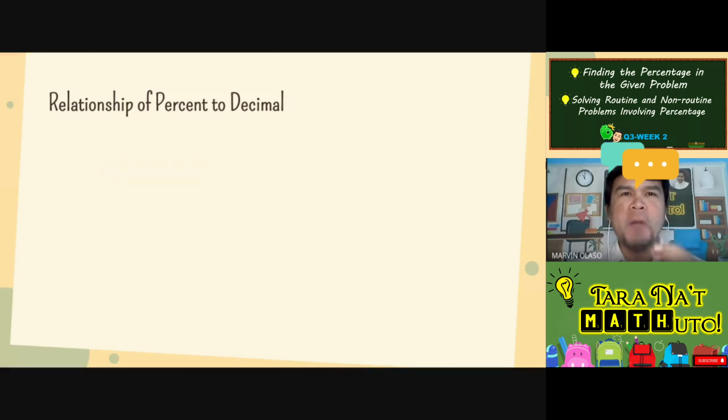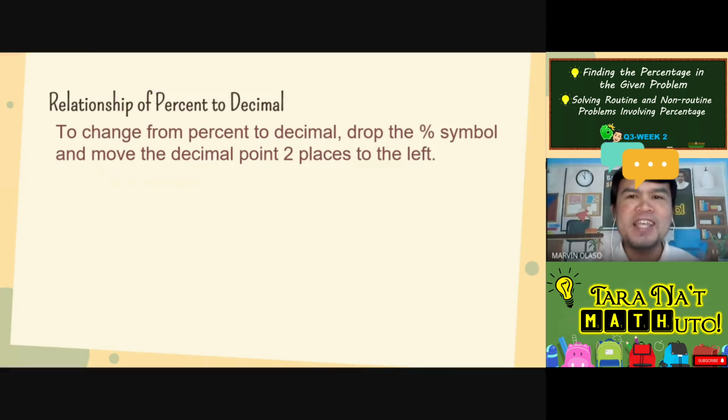To change from percent to decimal, drop the percent symbol and move the decimal point 2 places to the left. That's why 60% is equal to 0.60 or 60 hundredths or 0.6 or 6 tenths.